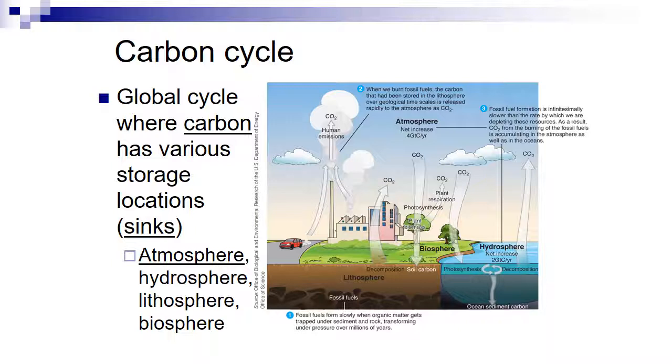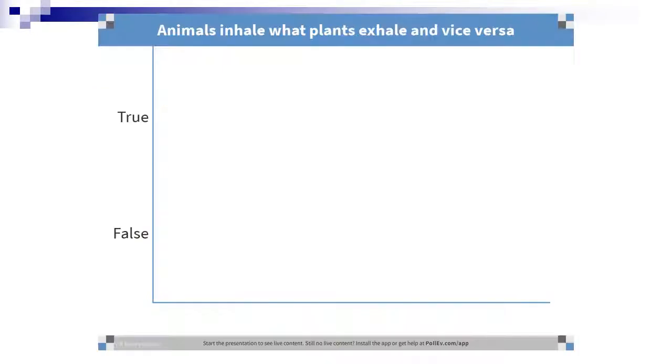Now, you can actually measure this amount, and it's measured in gigatons or billion tons at a time. This is a huge amount. And what we're seeing is that there's a net increase in the amount of carbon dioxide in the atmosphere and in the hydrosphere. And this causes a lot of issues, as we're going to see.